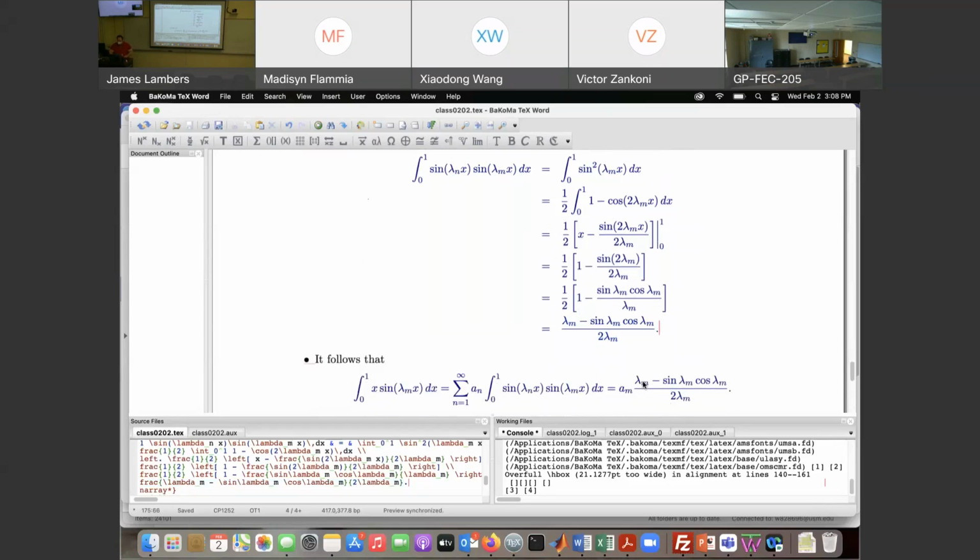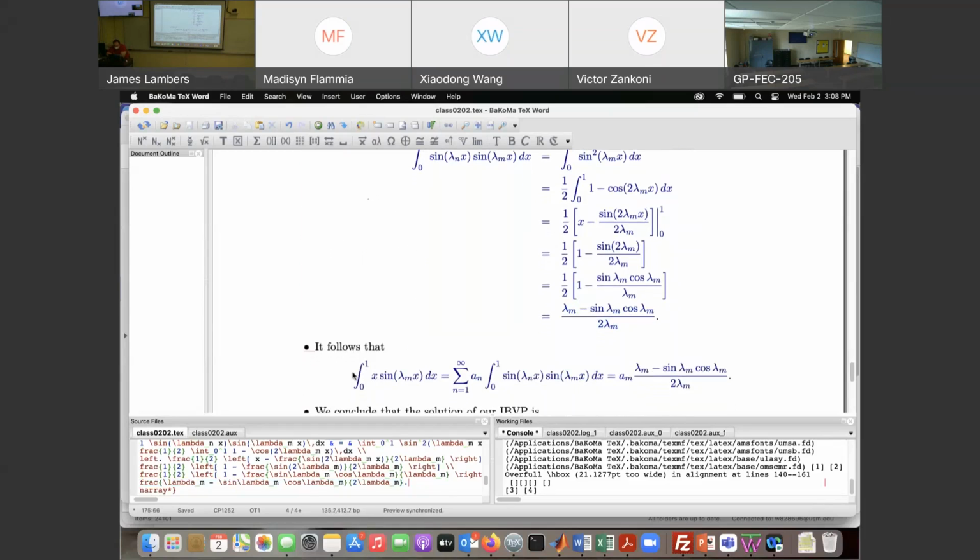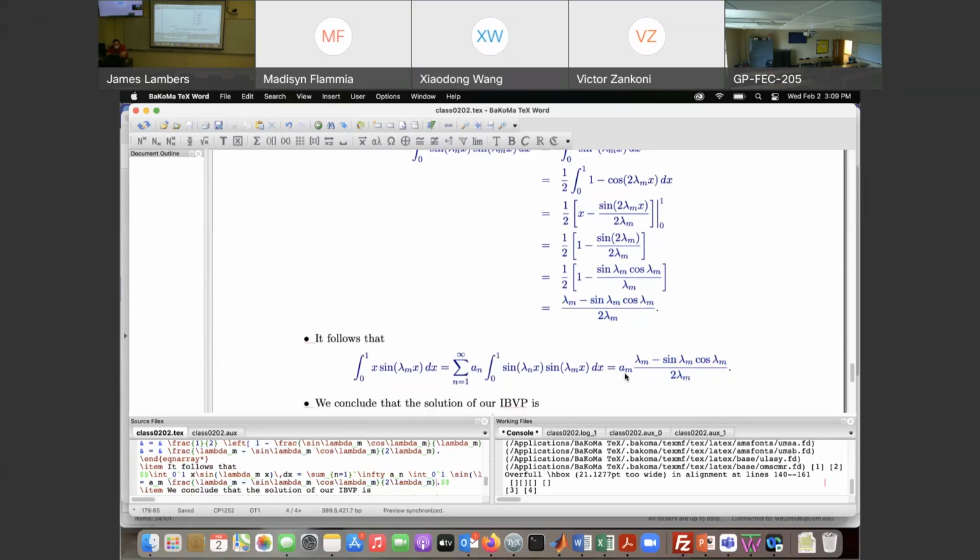So now, if I go back to my equation that I had before, I had this. So for the summation, all terms went away except for one where n equals m. So this an over here becomes an am right here. And then this integral, for the case of n equals m, is this expression. So I go ahead and put that here. Now I have exactly what I need.